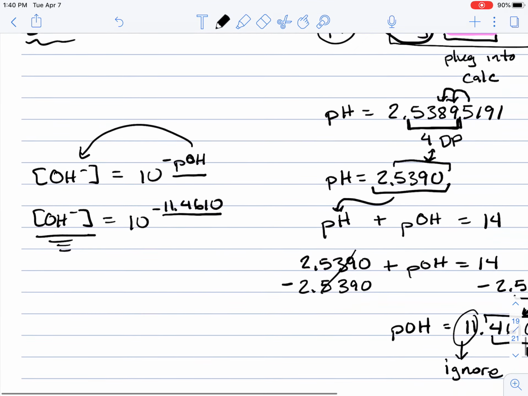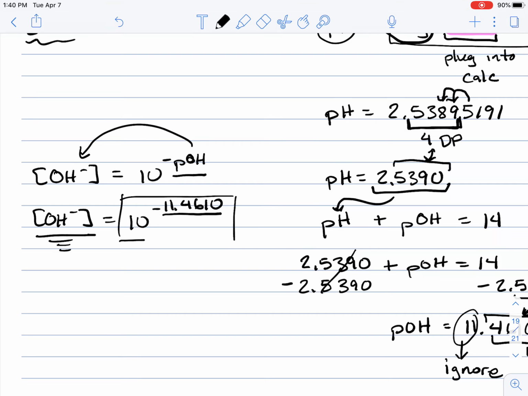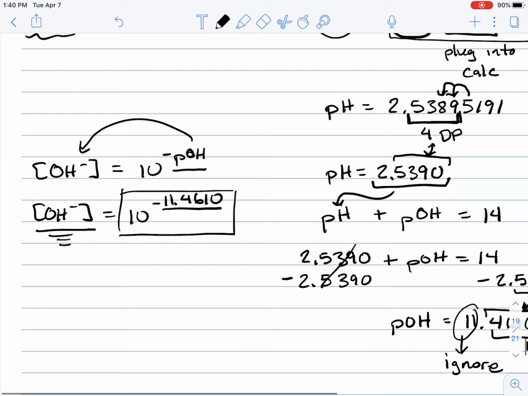Okay. And so I'm going to plug this into my calculator, because that's what the concentration of hydroxide is equal to. When I'm typing this into my calculator, I'm going to find that second button, and then I'm going to follow it up by pressing log in my calculator. That should bring up my base 10. Then I'm going to plug in negative 11.4610. A lot of students forget this negative sign, and if you forget that negative sign, you're going to get a very odd looking number.